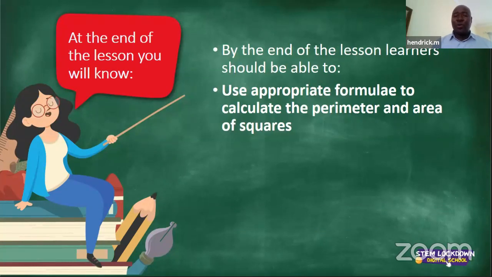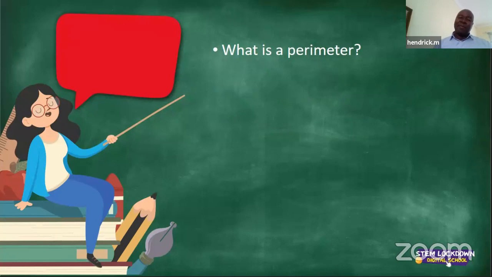And of course, how do we define a perimeter? Well, a perimeter, in my view, is the distance around the edge of a shape. So any shape, when you walk around the shape along the line, once you complete your distance from where you started, that can be regarded as a perimeter. You can take a soccer ground, for example.